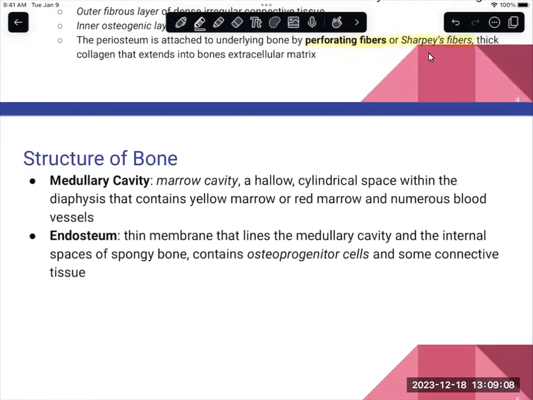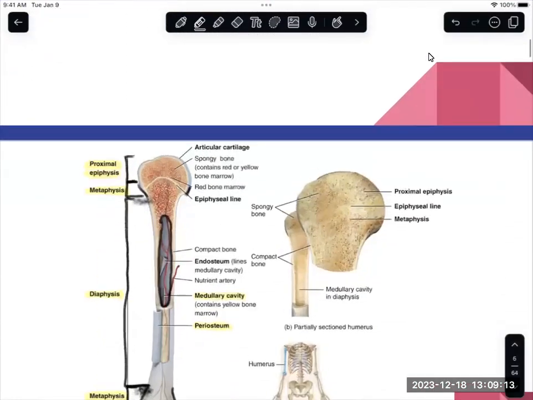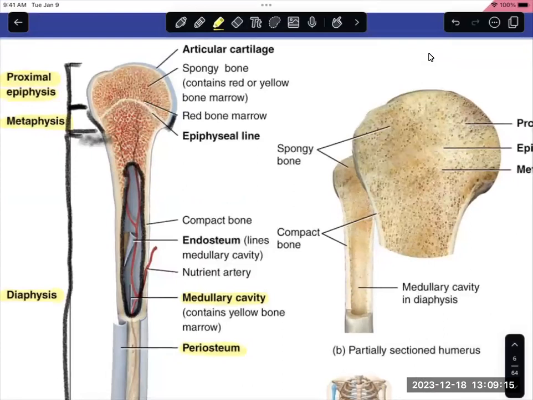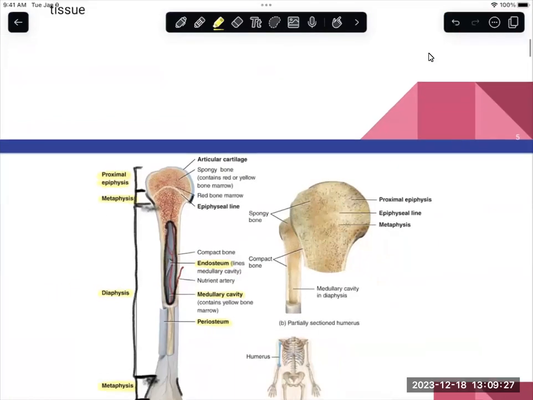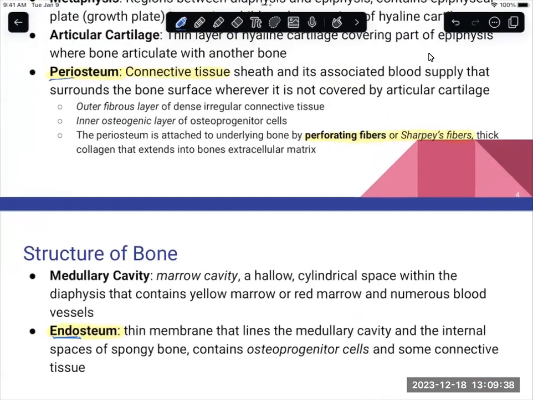Wrapping around the inside of that medullary cavity is the endosteum. Endosteum is inside, and periosteum is the most outside. That endo and peri, you're going to see a lot between Anatomy 1 and Anatomy 2.